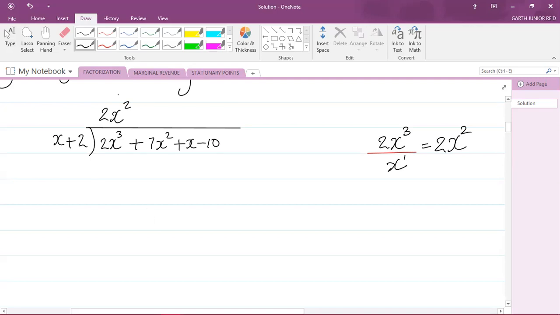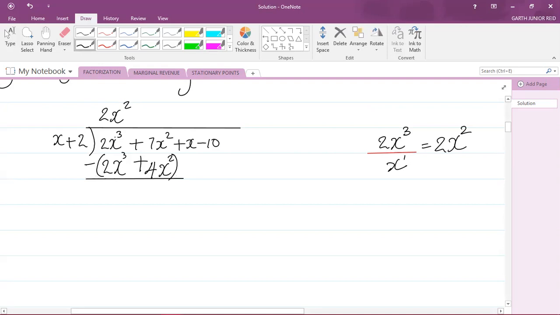Now I'm going to take that 2x squared and multiply it by my divisor here, which is x plus 2. So 2x squared multiplied by the x will give me a 2x cubed, and 2x squared multiplied by the 2 will give me a plus 4x squared. The next step here is to subtract.